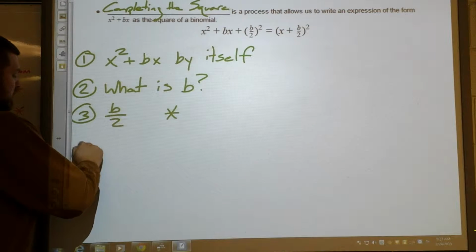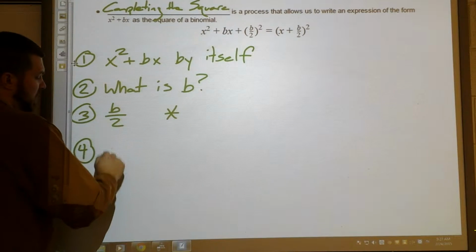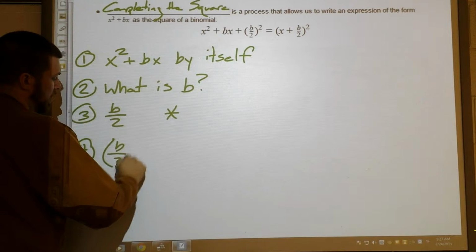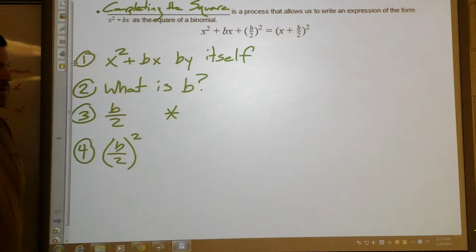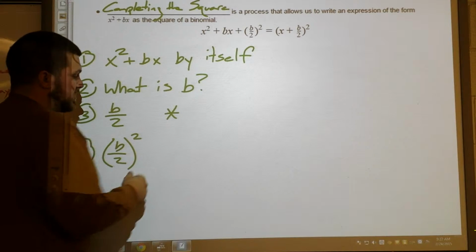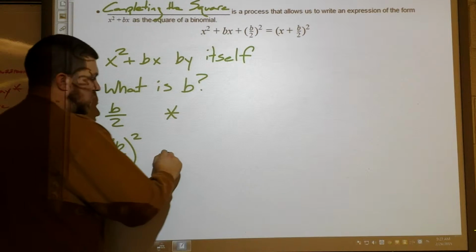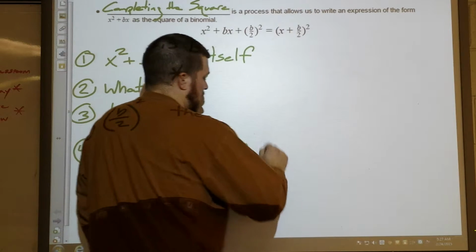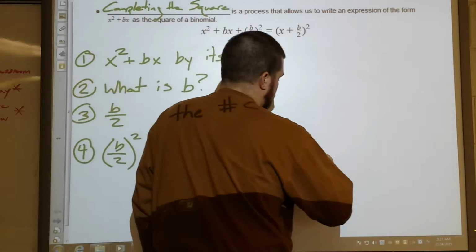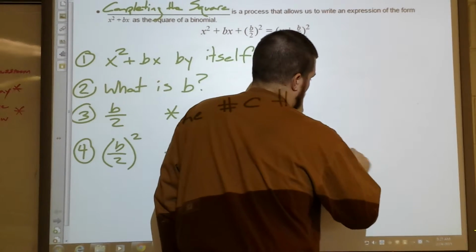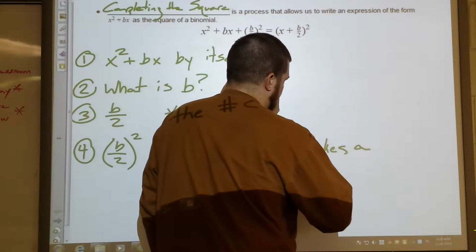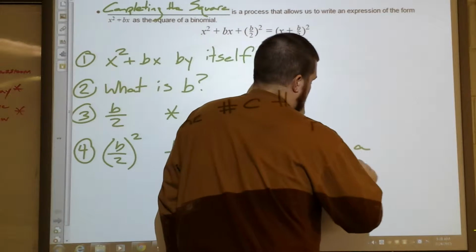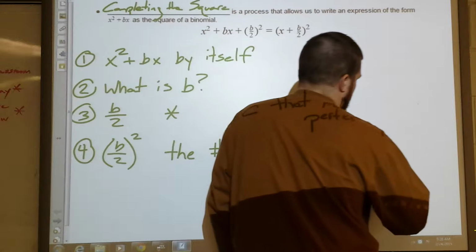And then finally, we want to take b divided by 2 and square it. Okay? This is the number c. We call it the number c that makes a perfect square trinomial.